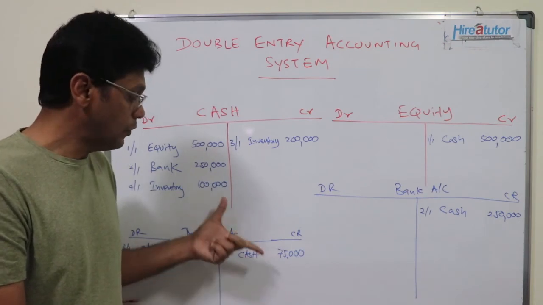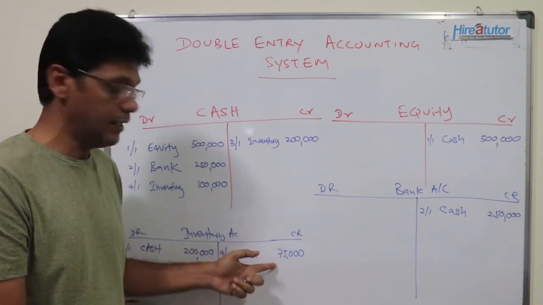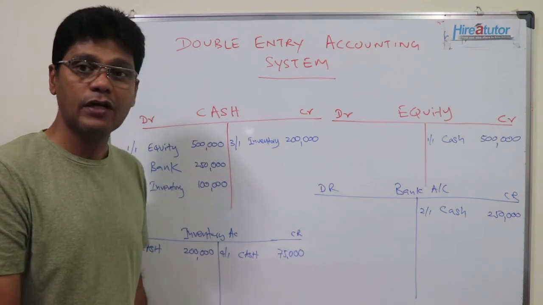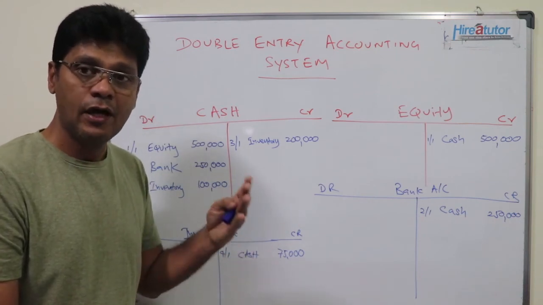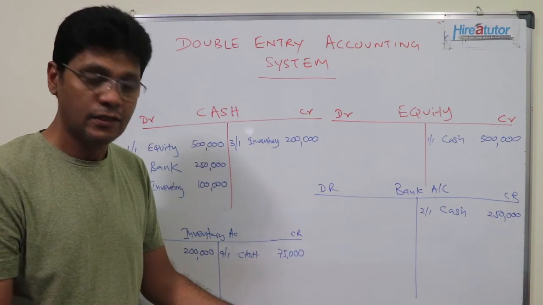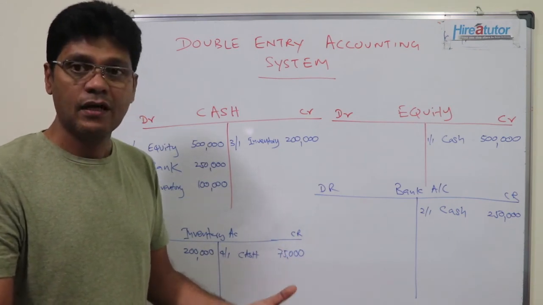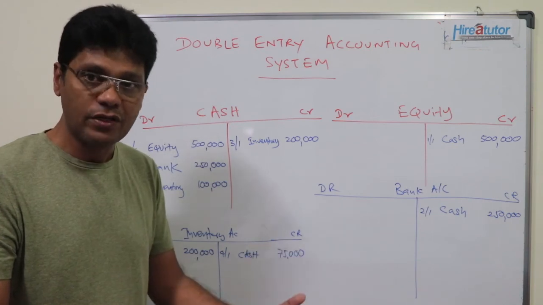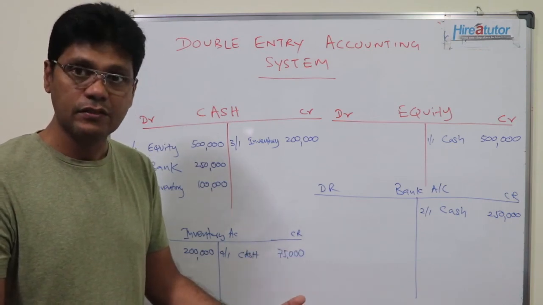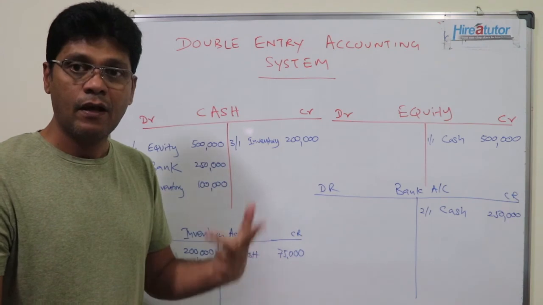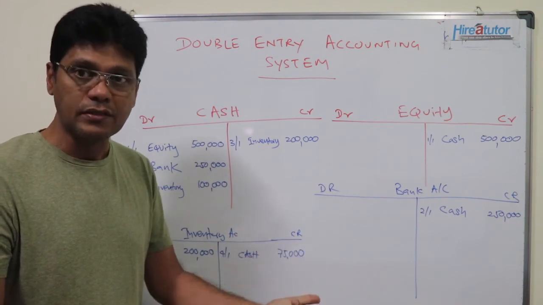So in order to balance this debit and credit, there should be a 25,000 credit. So what is this difference? The difference is that the company has made a profit of 25,000. The profit belongs to the owner.